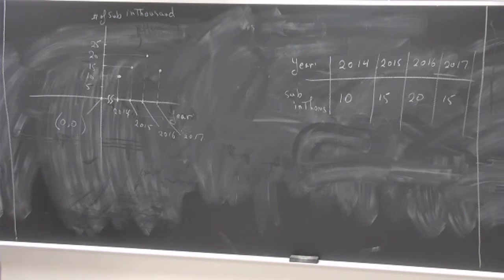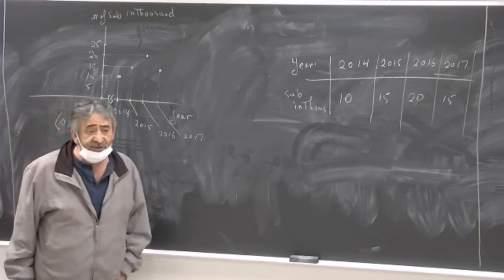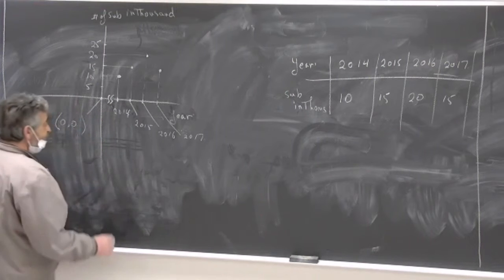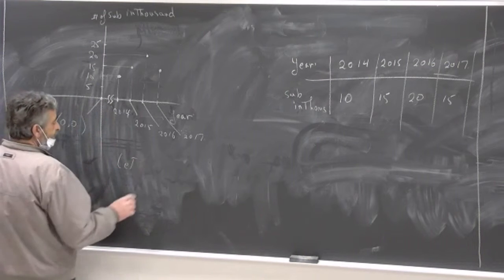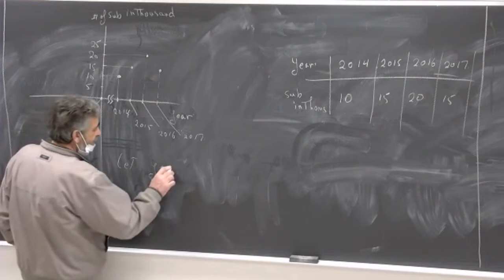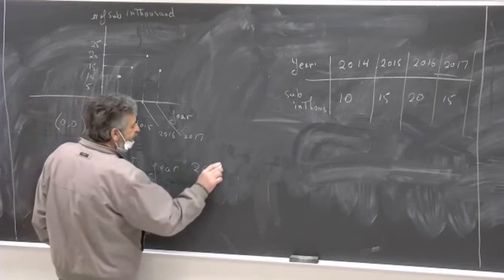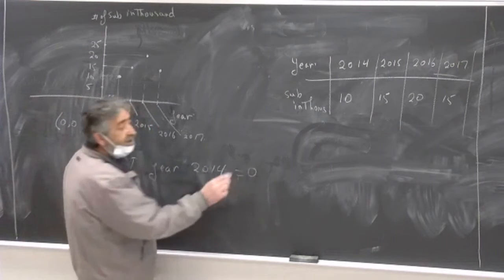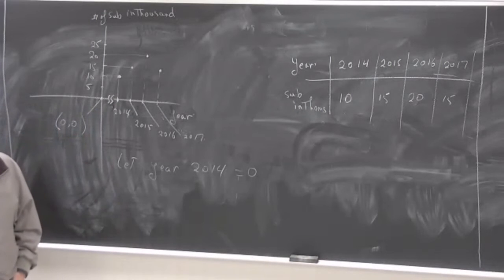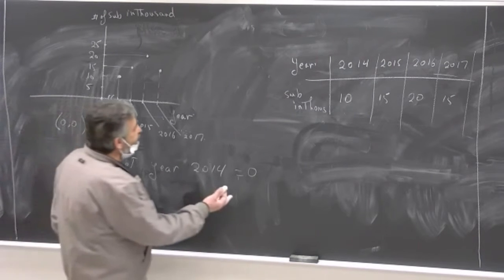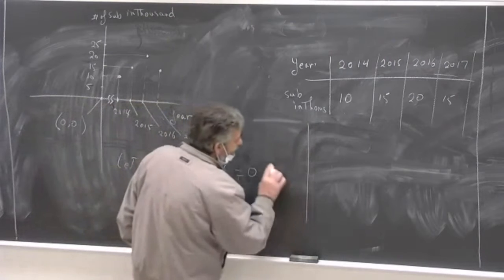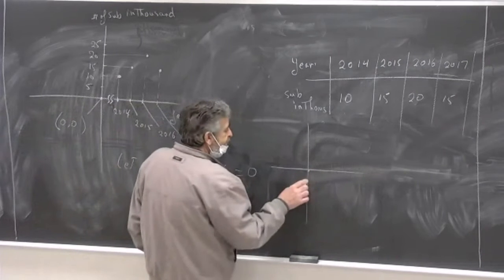Yeah. Now this is one way of doing it. Another way most books use, they would say, let year 2014 equal, say, 0. Yeah? So now, if I let the year 2014 equal 0, my line will be like this, 0.